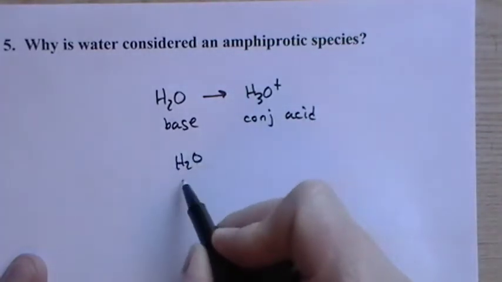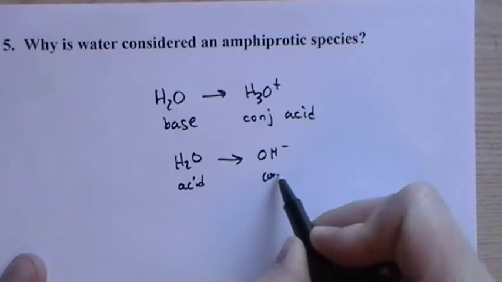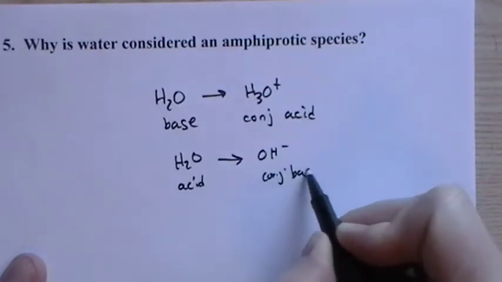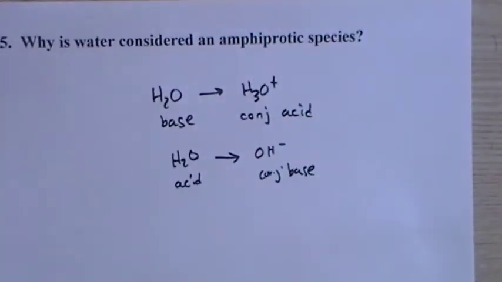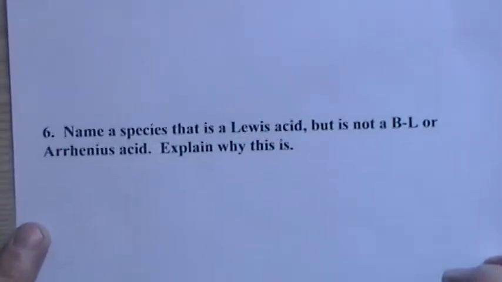And then water can act as an acid and change into OH-, so it has its conjugate base. Water has that property, and that's one of the several things about water that make it fairly unique and very useful, and we use that ability quite a bit in acid-base chemistry.